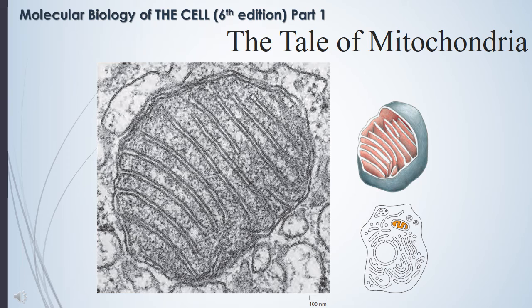So here is an electron microscopy image of a mitochondria, and on the right we have a cartoon depiction of mitochondria. The important feature of mitochondria is this branched and intricate membrane that penetrates into the mitochondria.